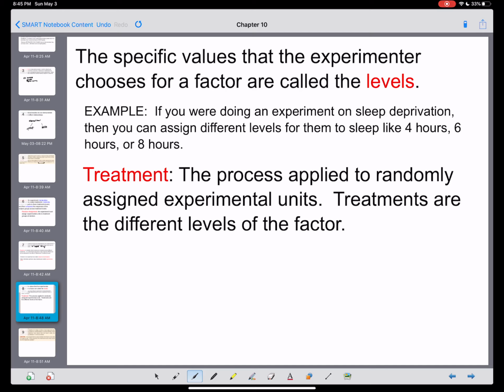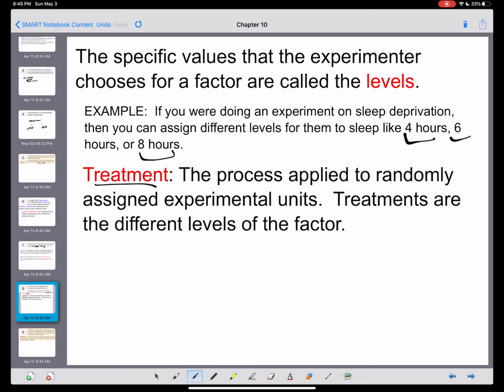So if you were doing an experiment on sleep deprivation, you can assign different levels. If I'm testing how people respond to different levels of sleep, sleep would be the factor, but the levels would be 4 hours, 6 hours, 8 hours.